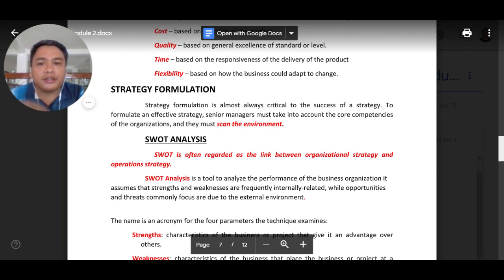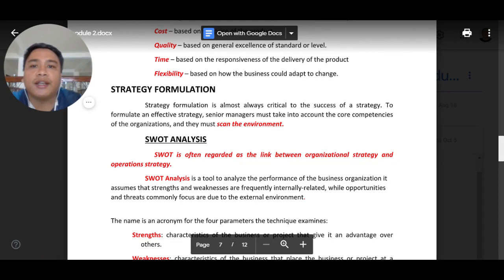And they must scan the environment. We have to identify the opportunities and possibilities that can affect the business. First in strategy formulation is what we call SWOT analysis. SWOT is often regarded as the link between organizational strategy and operations strategy.